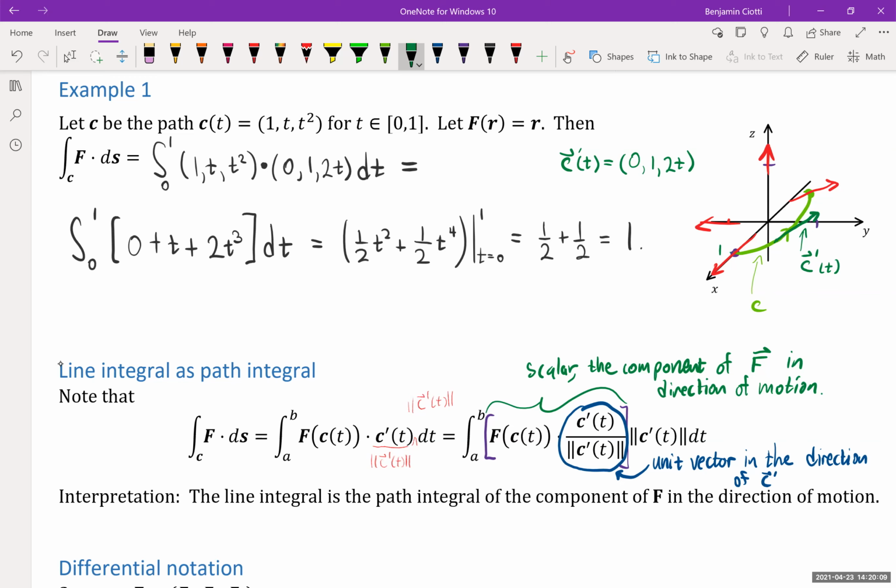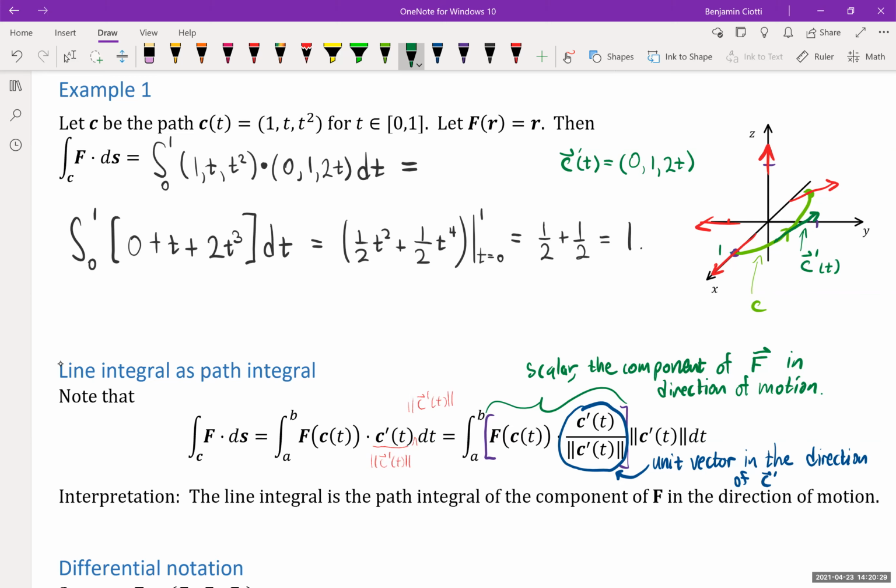Let's see, someone have a question? How would our equation change if F was not R? Which equation? You mean in example 1? Oh, well, it would depend on what F was.